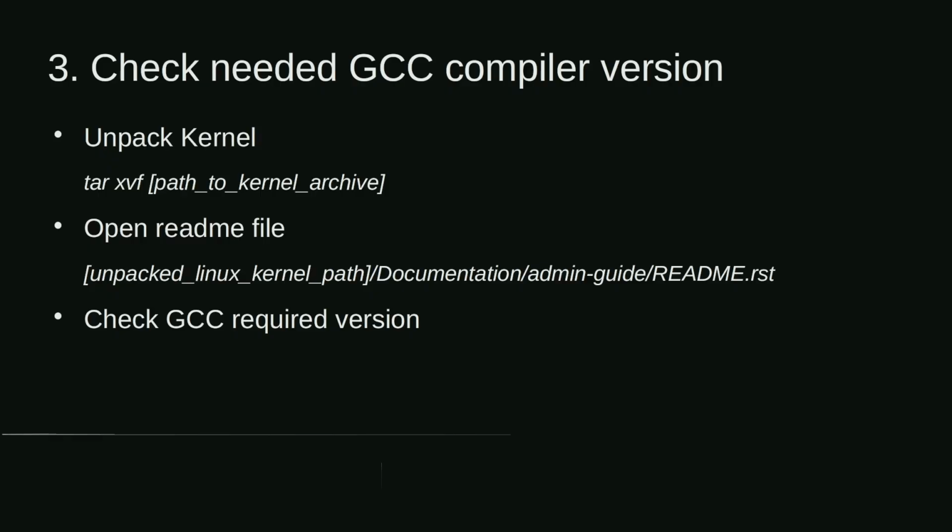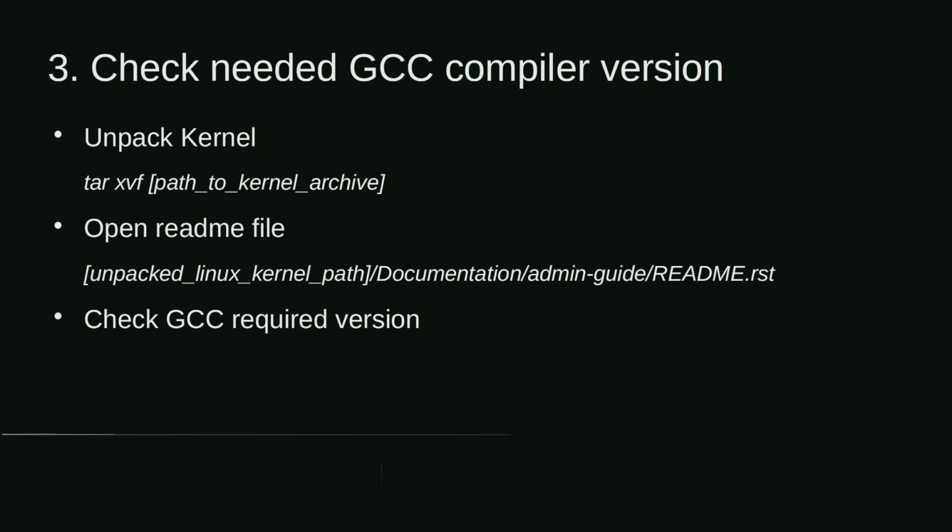The next step is to check our GCC compiler version, because GCC compiler will be used in our compilation process. So we already unpacked our kernel package, and we need to go to documentation, admin guide, and open readme rst file.